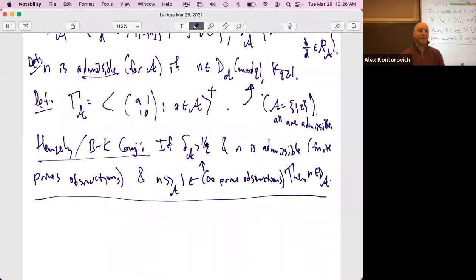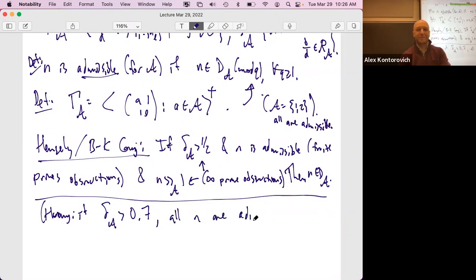Now, again, if the dimension is large enough, then admissibility is automatic. Huang: if dimension is sufficiently large, greater than, I forget what it was, 0.7 or something, then all N are admissible.